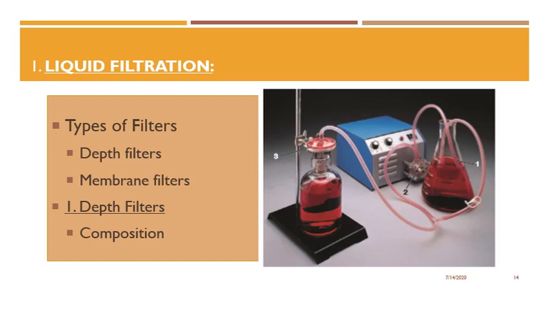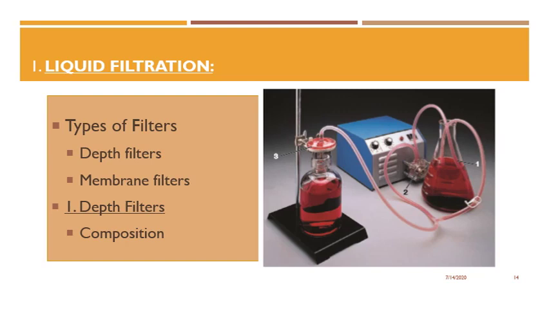Control of growth by filtration requires filters with exceedingly small pores, and both types of these filters have exceedingly small pores. If we discuss depth filters, then depth filters consist of fibrous or granular material that have been bonded into a thick layer filled with twisting channels of small diameter.